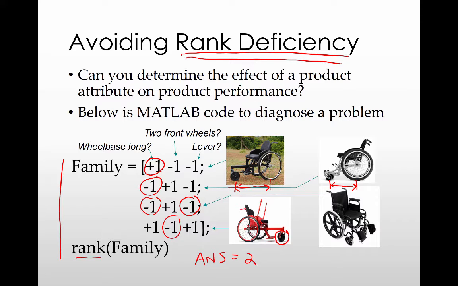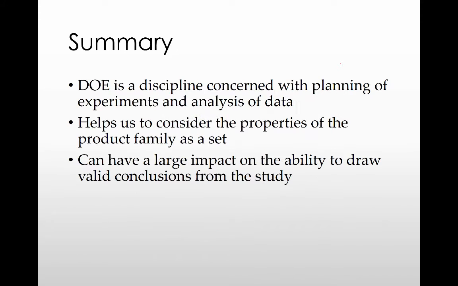We could not, for example, tell whether or not switching to a short wheelbase would help improve the functionality of the product. Even if we had information about functionality of the product coming from our study, this study doesn't have resolution to give us that answer.